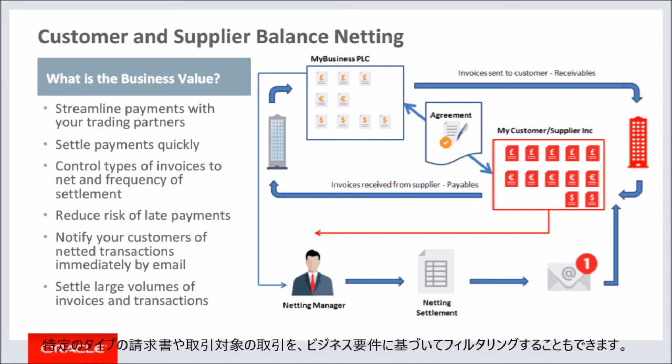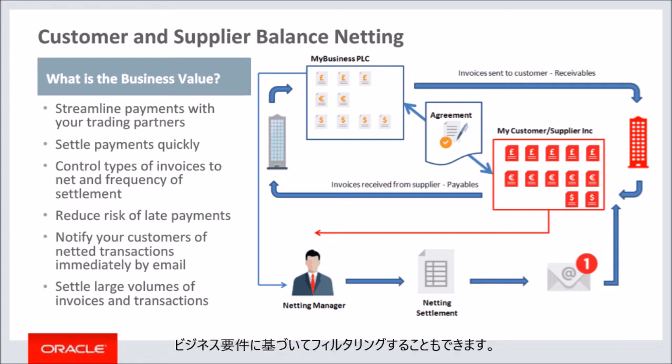The agreement can also filter in or out certain types of invoices or transactions to be netted based on your business requirements. The process allows the netting manager to review a proposed settlement prior to completion, and this enables you to fine-tune the settlement, such as removing or adding other transactions or forcing certain invoices to be netted.